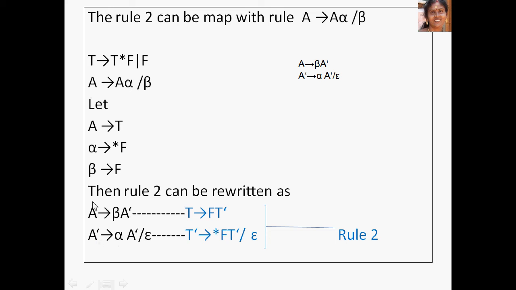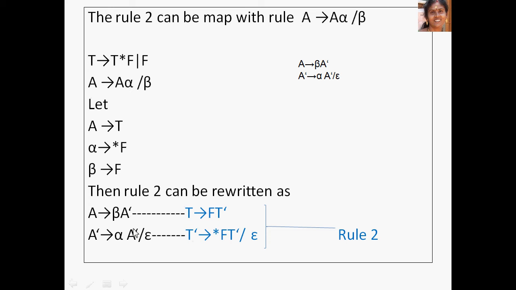So what is the answer for A dash? For A, it is T, so you put T dash. So A dash becomes T dash, the expansion symbol, and alpha, which is star F. You write star F here.